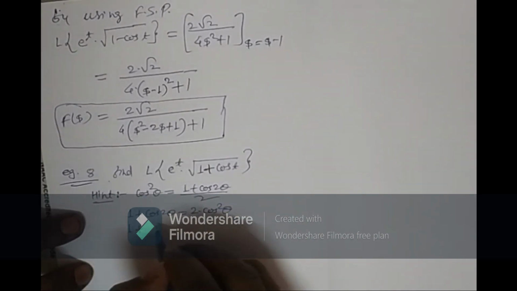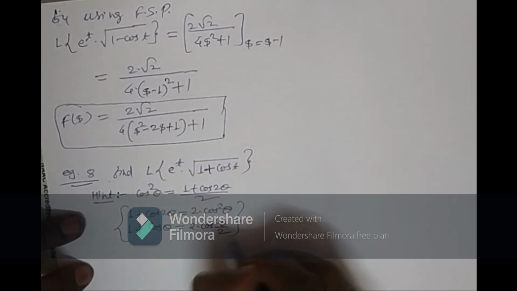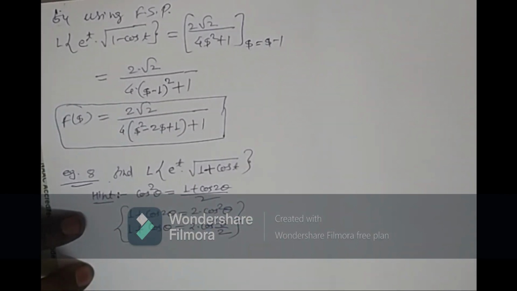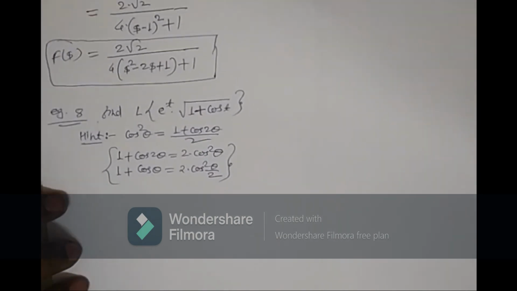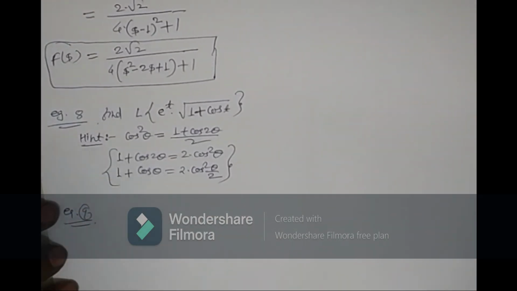And this can be written as 1 plus cos theta is equal to 2 cos square theta by 2. So this is the hint, and you should be able to solve this example. Now let us see example number 9, because this is going to be a little bit difficult.